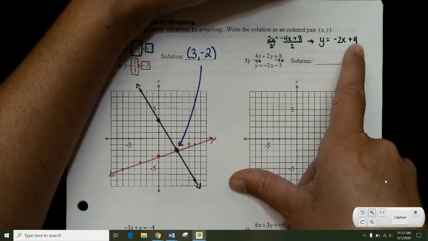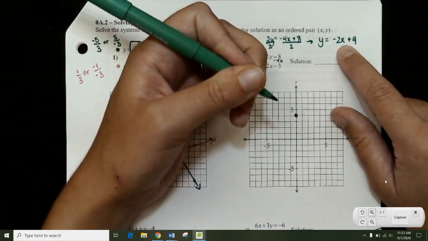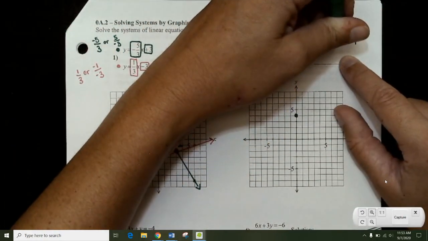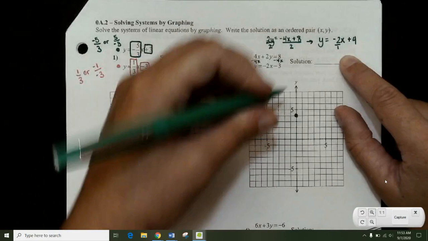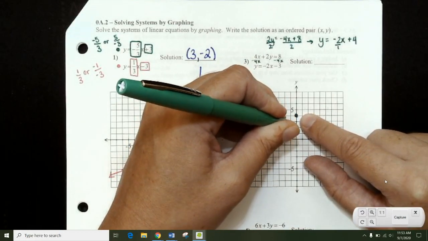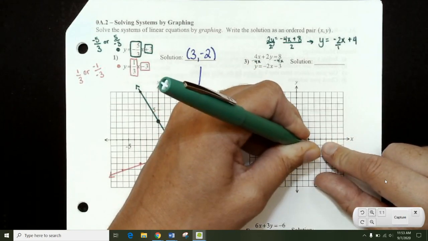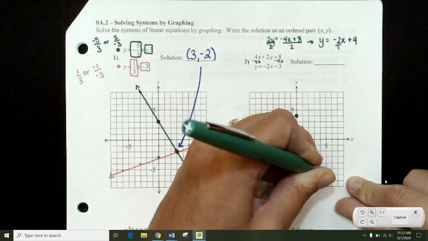So to graph this line, I'm going to start at 4. When you have a whole number coefficient, you're just going to put it over 1. So negative 2 over 1 means I'm going down 2 and to the right 1. Down 2, right 1, down 2, right 1, and so on.